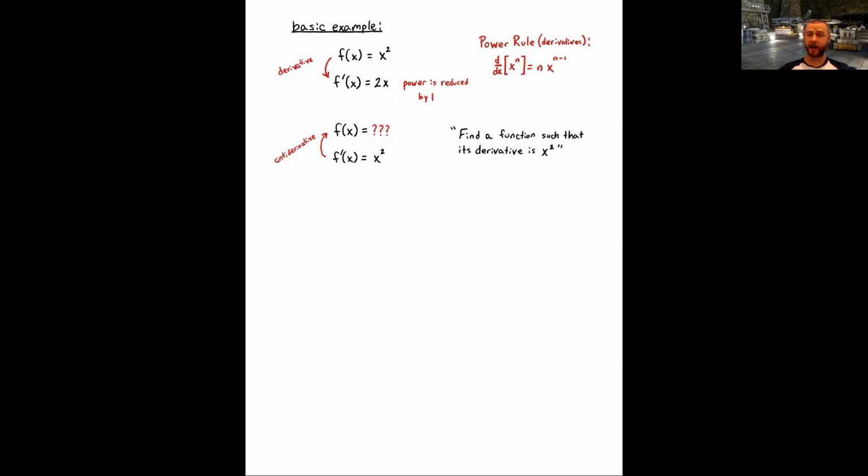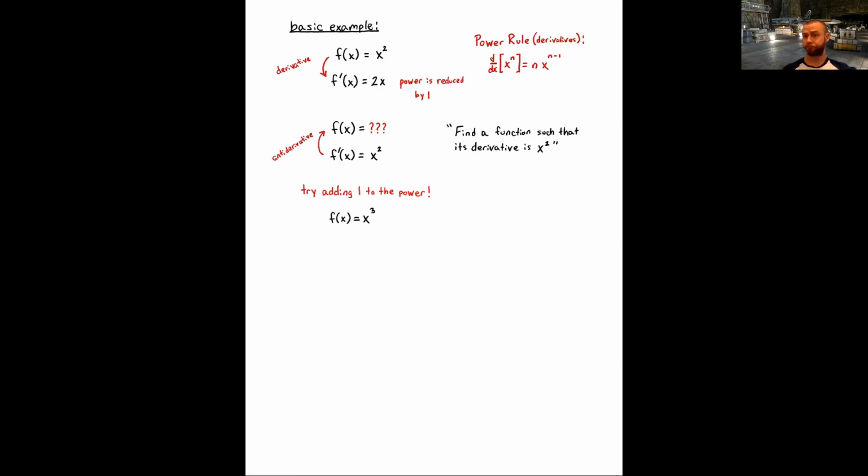As it turns out, we can do that, but there's not a single answer. So let's move forward. Thinking with the basic power rule for derivatives, we try to add 1 to that exponent. That seems like a good first possible answer.